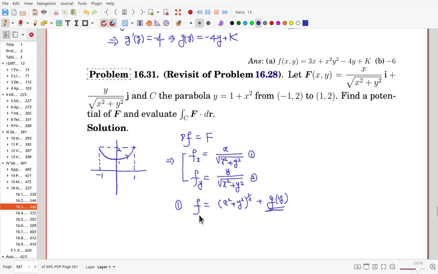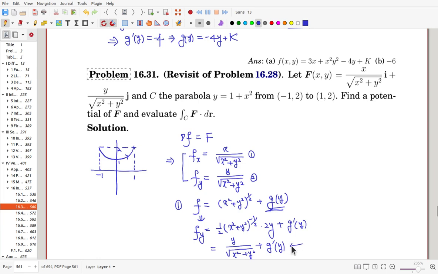In order to do that, we take the y derivative. Then that will be half times x squared plus y squared to the minus half power times 2y, plus g prime of y. We can rewrite this: the 2 and the half cancel, and we have y on the top and the square root of x squared plus y squared on the bottom, plus g prime of y.